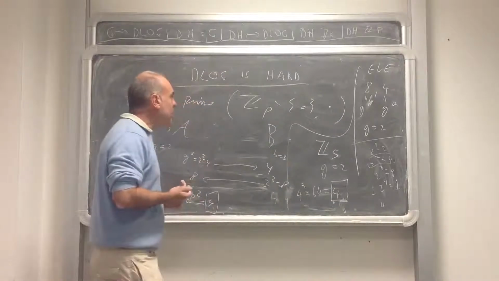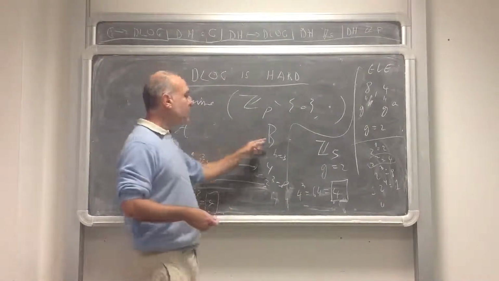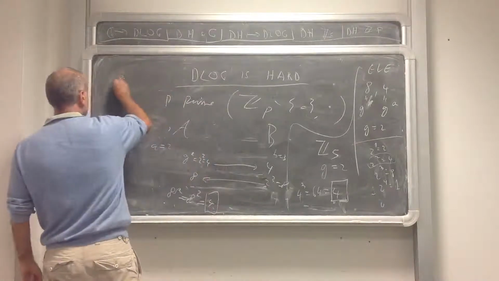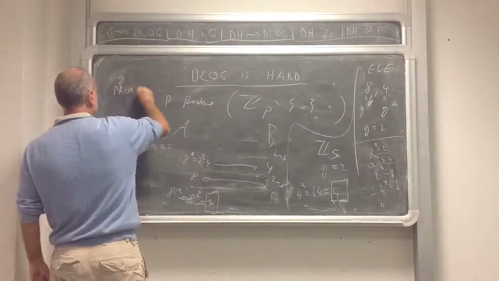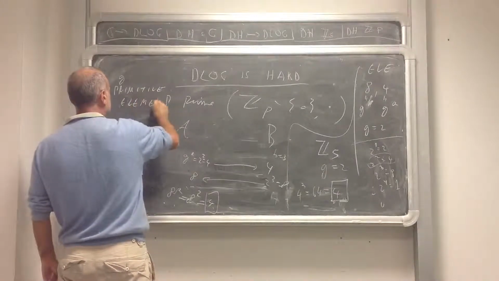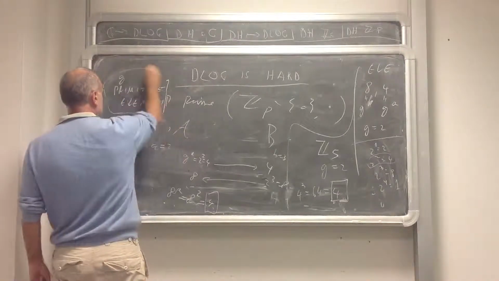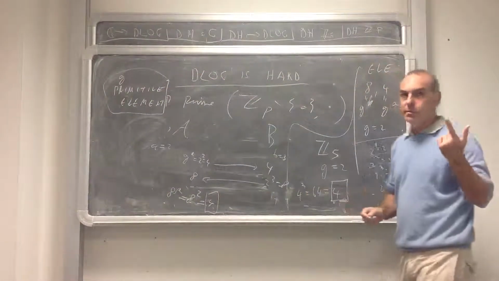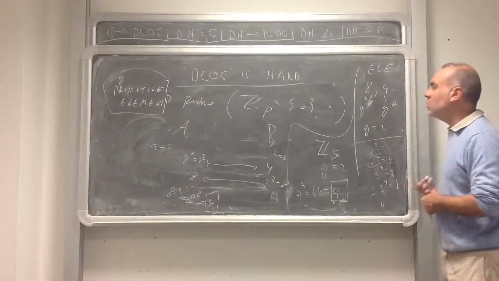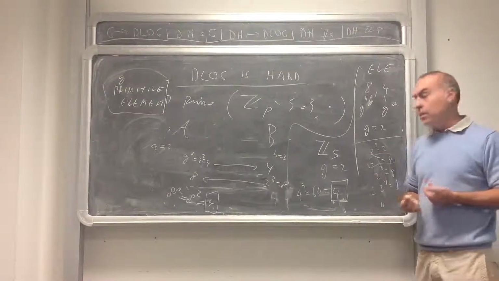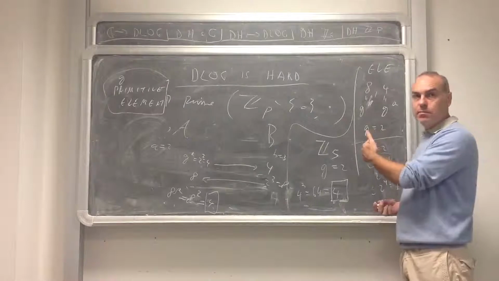Now, it's important that Alice and Bob choose a primitive element. G is a primitive element. Why that? Because for a primitive element, all its powers are different. If you take an element that is not a primitive element, then it has only a few distinct powers, and it's easy for you to guess.